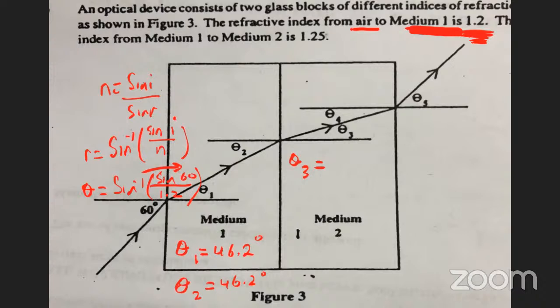Same thing, yes, same Snell's law. Same Snell's law. Sine inverse of sine 46.2 over 1.25. Why did I use 46.2? That's what I gave you for.